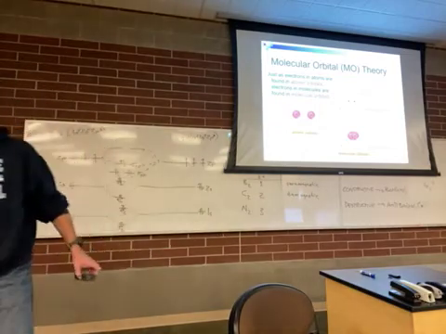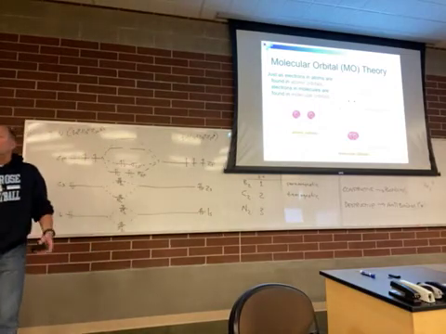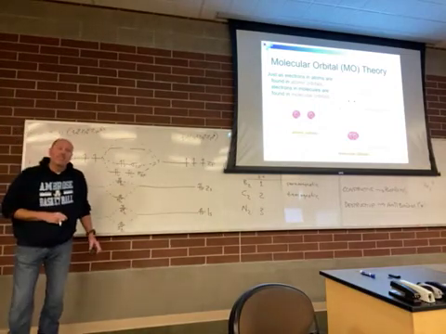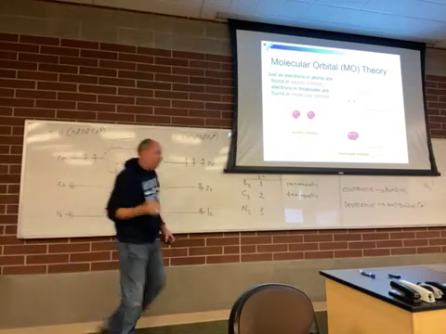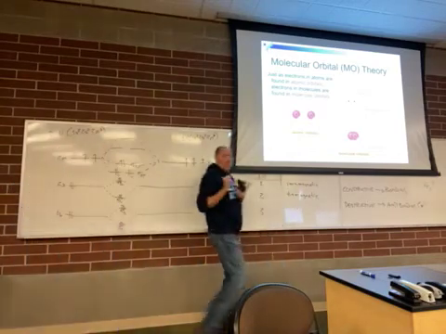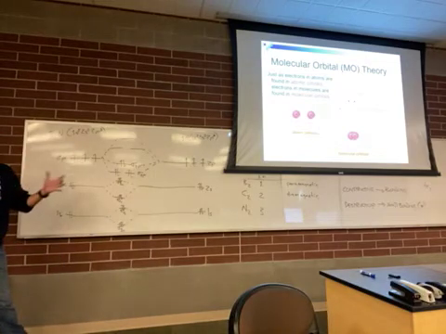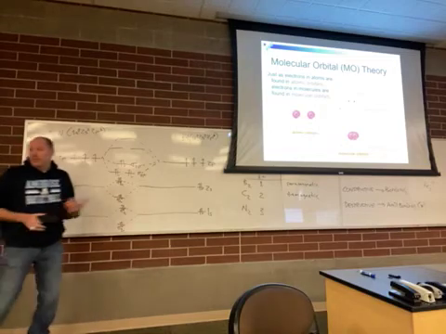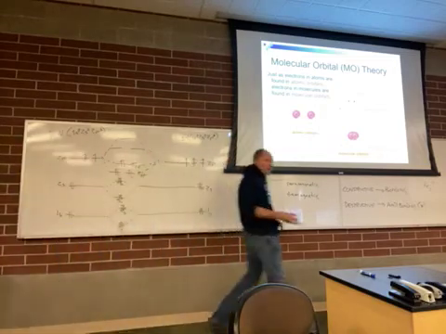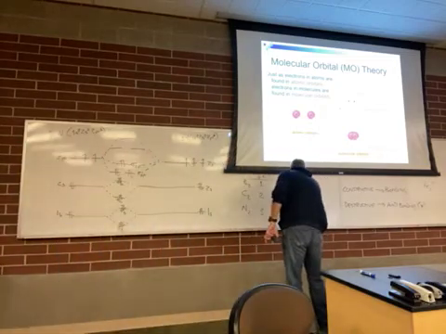Lewis dot structure and molecular orbital theory agree. What would I expect for its magnetism? Are there any unpaired electrons? There's no unpaired electrons, so there's no attraction in a magnetic field. So this should be diamagnetic, and nitrogen's completely inert in a magnetic field.